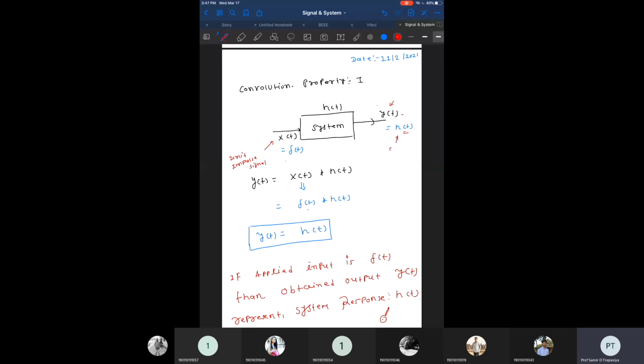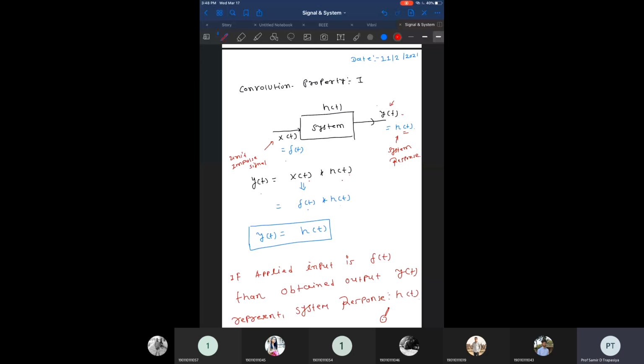So very importantly, we need to note down over here, if we apply the convolution operation between x of t and h of t, then it produces h of t only. x of t can be eliminated and it produces h of t only.